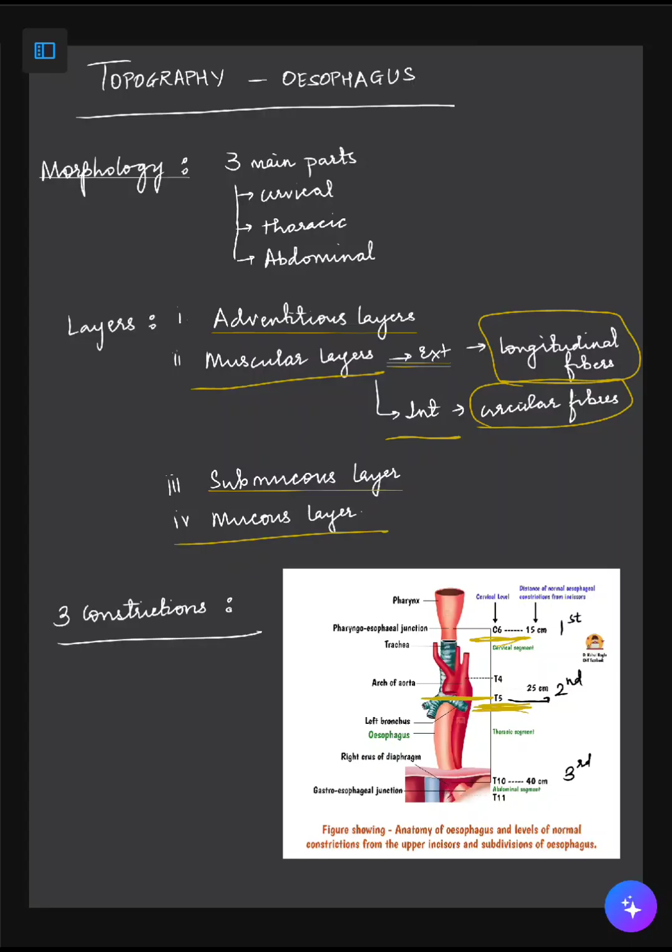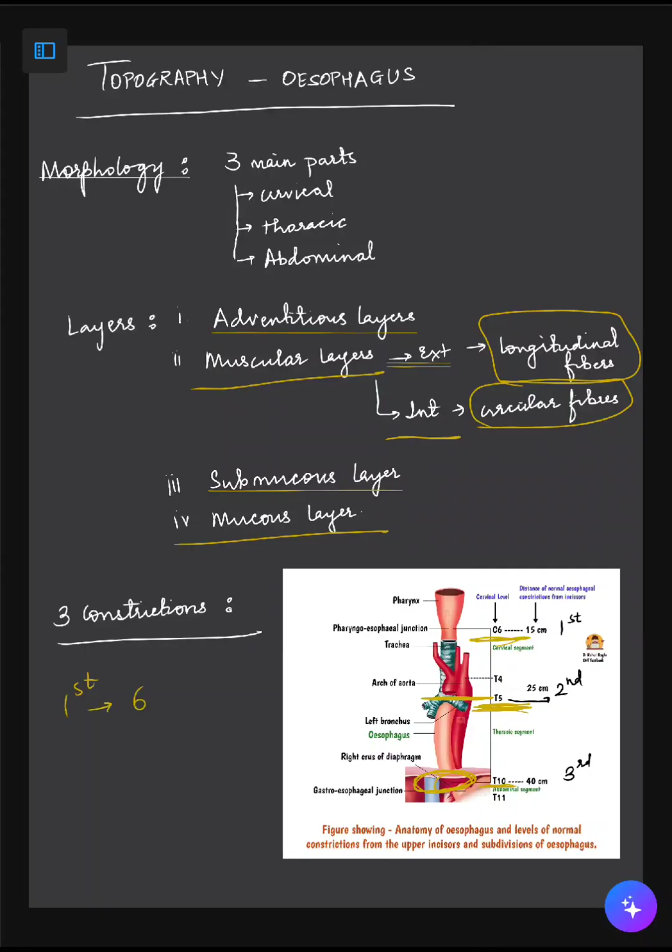And third is at the 10th thoracic vertebrae, when it enters the esophageal hiatus of the diaphragm. When it enters, there is the third constriction.